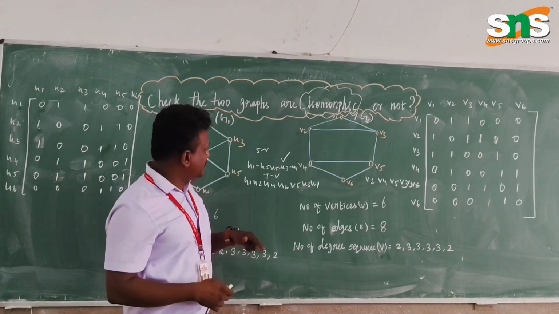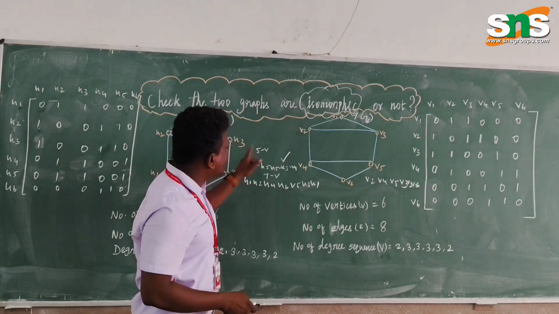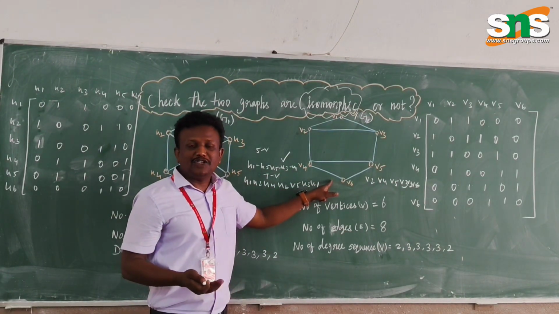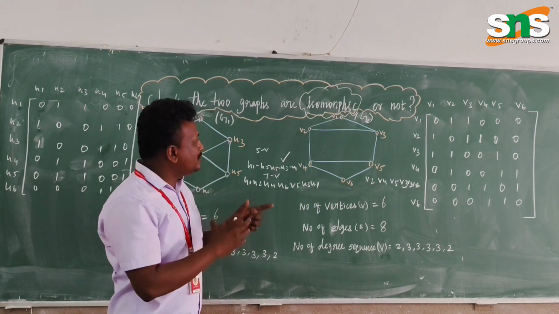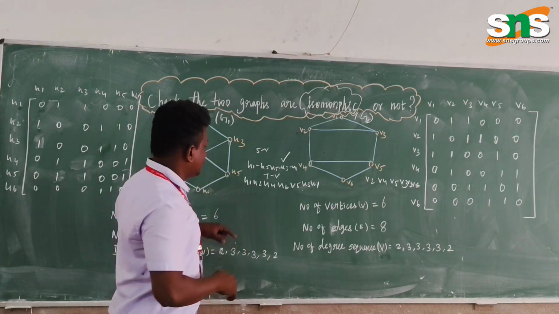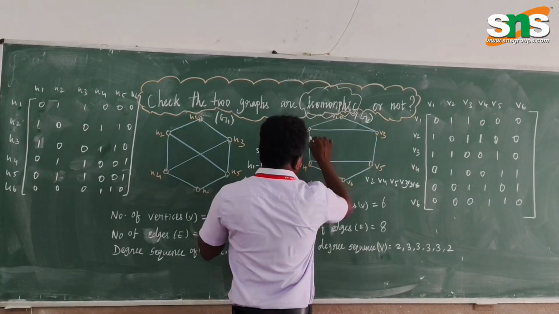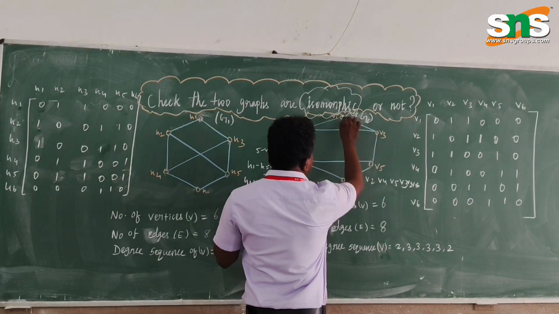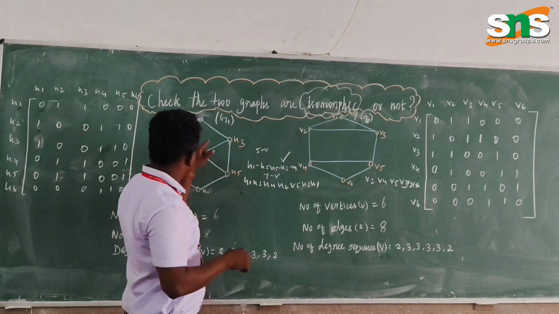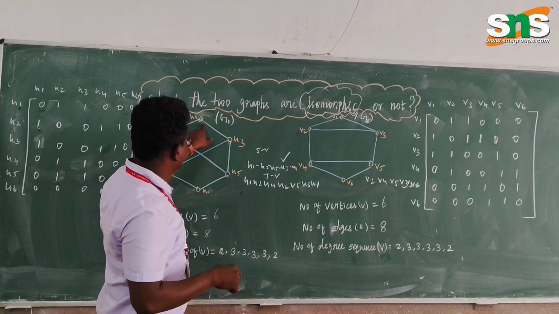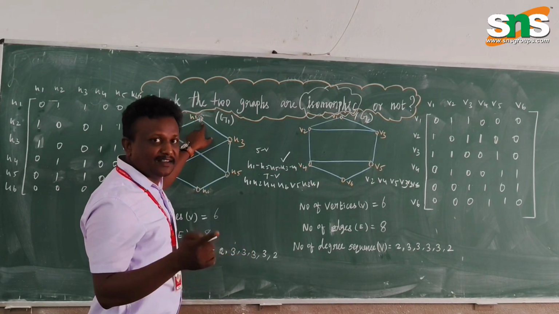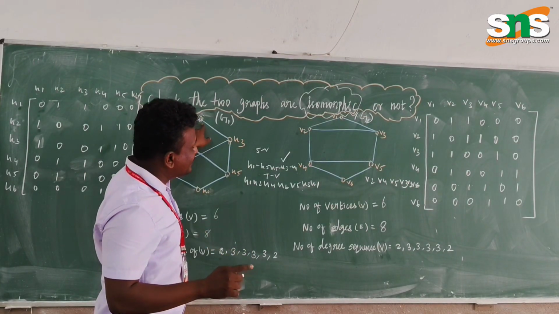Let me come to the second condition. The second condition: both graphs should have a cycle between 7 vertices. 1, 2, 3, 4, 5, 6, 7. Here also it is forming a cycle between 7 vertices. The first and last vertices are the same, so that is why I am saying it is 7 vertices.